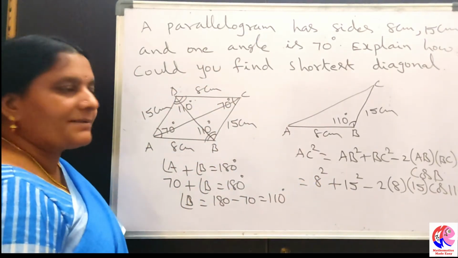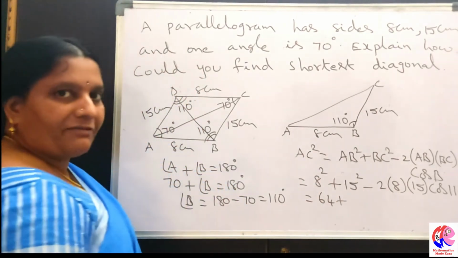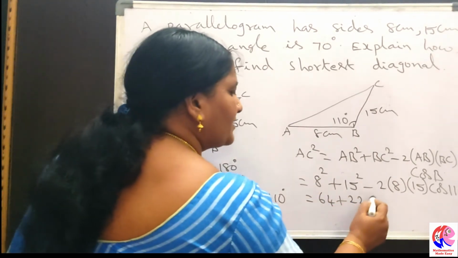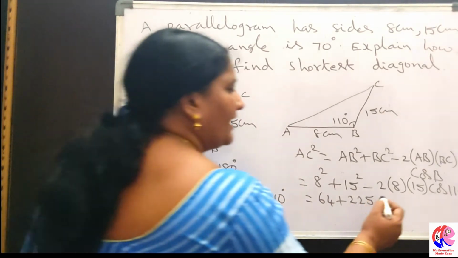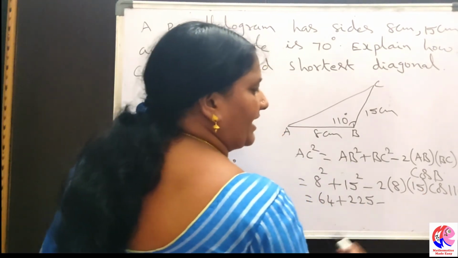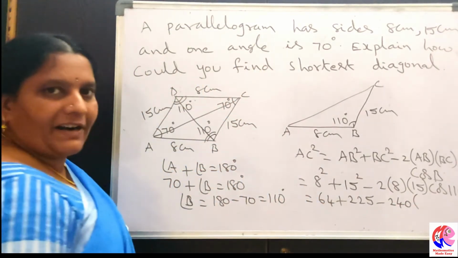Then 8 square is 64 plus 15 square is 225 minus 2 into 8 into 15. 2 into 15 is 30, 30 into 8 is 240 into cos 110 degrees.